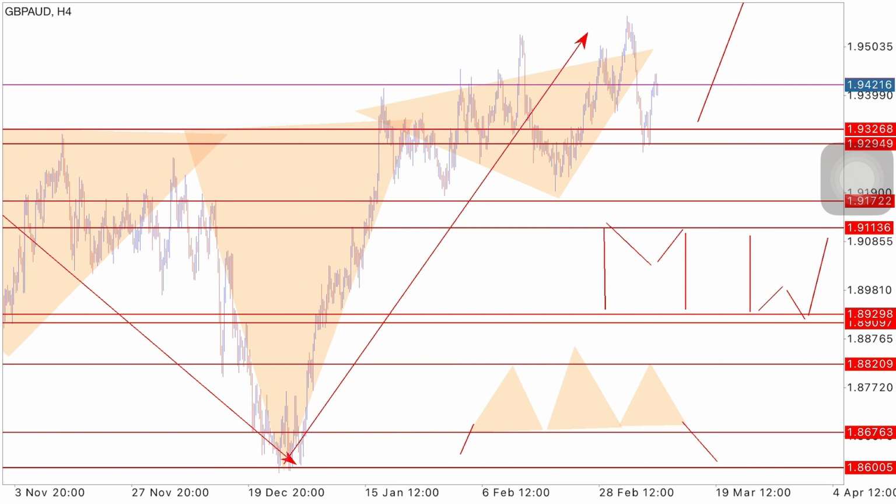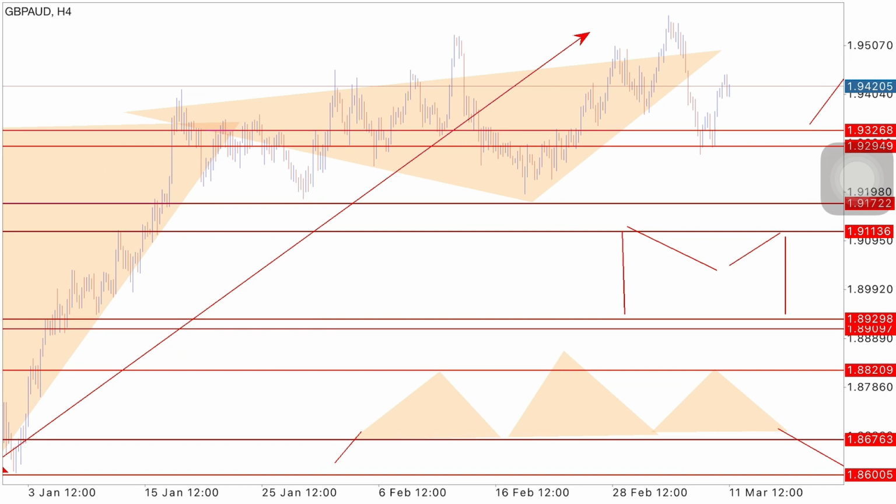Let's continue. Okay, as you can see, we have a highly confirmative area, or level, here, hence why we had a move to the upside.